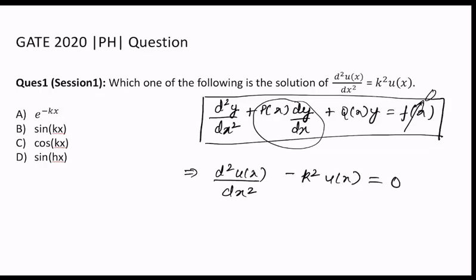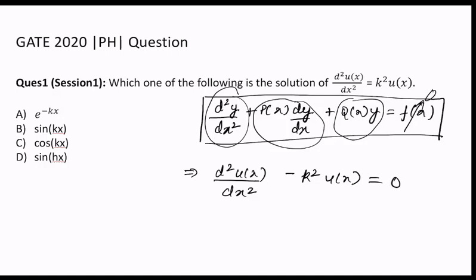So we don't have an RHS, so RHS is 0, and also we don't have the first derivative of y, so that term is also missing. So we are only left with two terms. Moreover, q of x here is k square and it is constant, it is not a function of x.